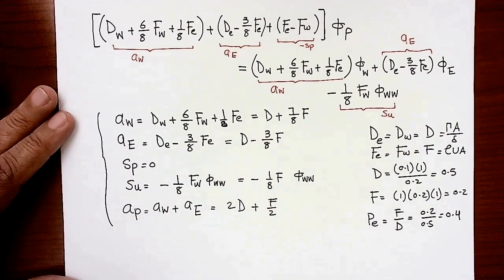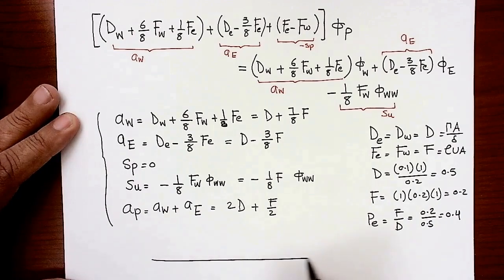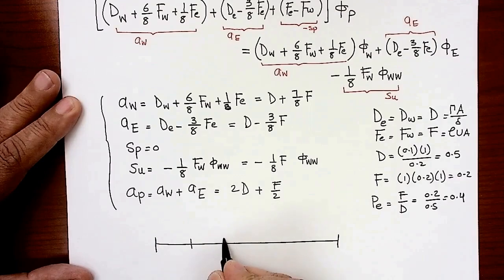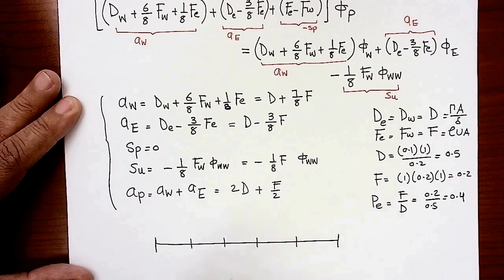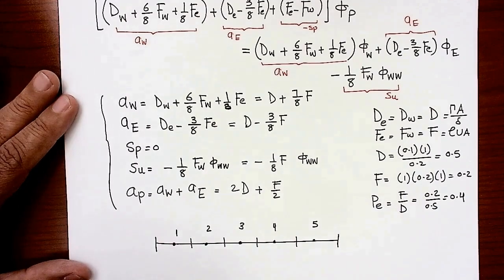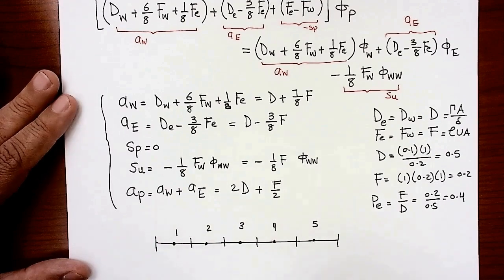But you have to be careful here when you look at the domain. This is very important. We usually have one equation that applies for all the interior nodes, right? So that's 1, that's 2, that's 3, that's 4, that's 5. That's not true in the case of the QUICK scheme, because now if you pick a point, you're going to need 2 upstream nodes and 1 downstream node.